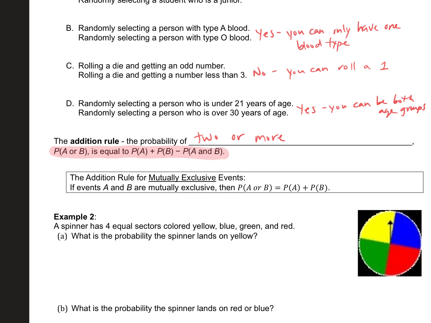The probability of A or B equals the probability of A plus the probability of B minus the probability of A and B. So if you have two things that intersect, think about your chart. When you had the big chart, you had two things that overlap. You would add up each column and each row, but then you'd have to subtract where they overlapped because you counted them twice. Does that make sense?